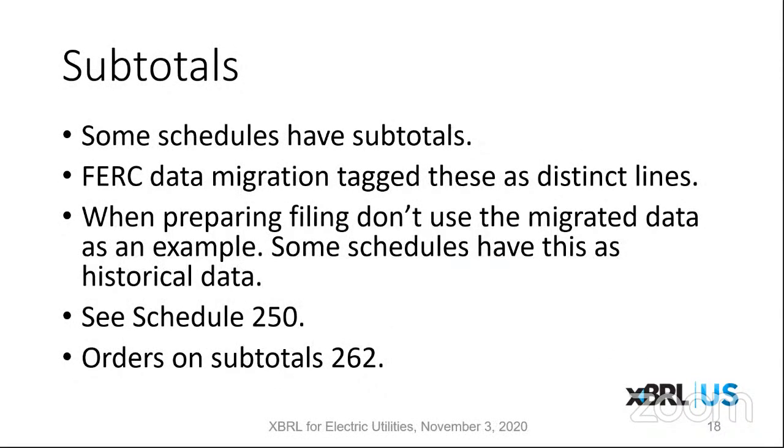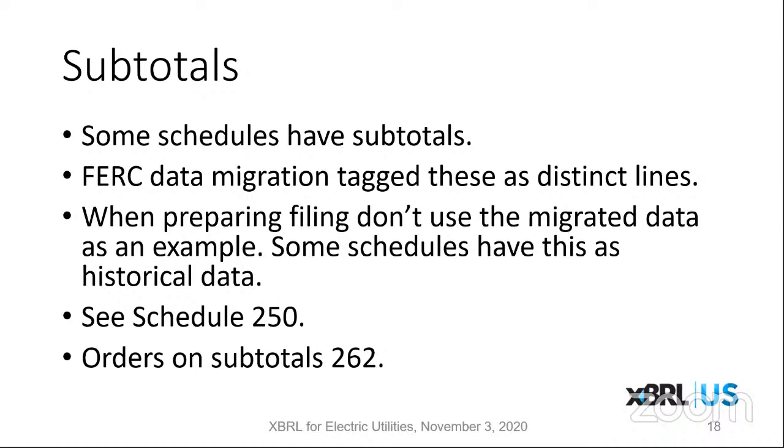Just on subtotals, a number of schedules have subtotals in them. The way that the validation rules work, they'll go down the schedule and add things up and make sure the totals add. But if you put subtotals in, then they won't add unless you do specific things. So just be aware of this, on some of these subtotals, you've got to make sure that you can tag those with the different axes.